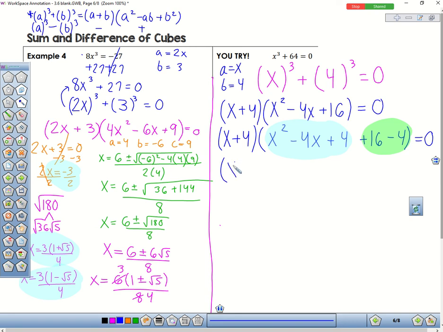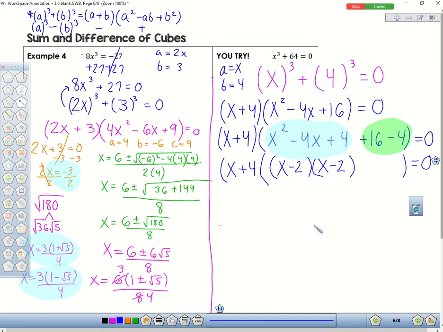So this becomes x plus 4 times, what can x squared minus 4x plus 4 factor into? What two binomials? Factors of +4 that add up to -4? Good, -2 and -2.